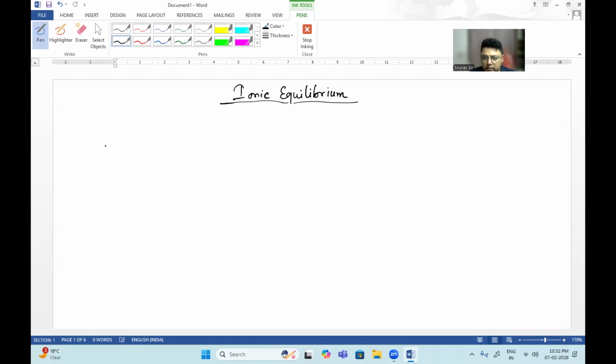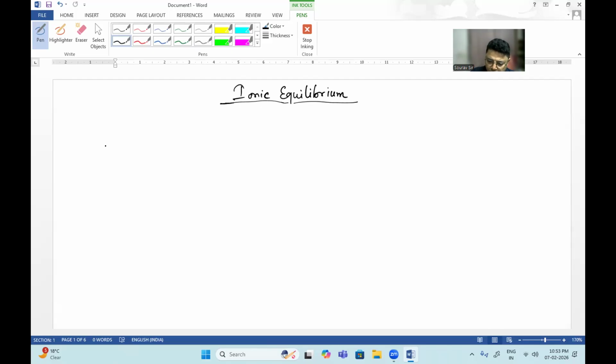Here the thing is the same, but a little bit of difference is there, because here what we will mainly consider is acids, bases and salts, mainly the hydrolysis of the salts, as well as the solubility product. So these are a few differences between ionic equilibrium and chemical equilibrium.